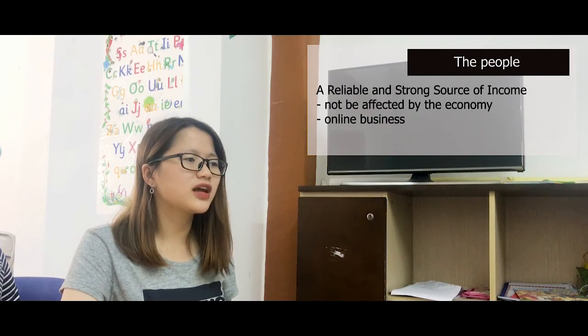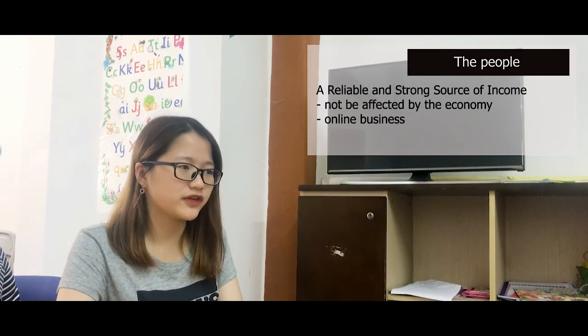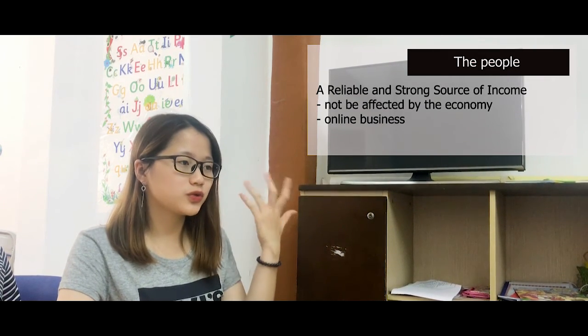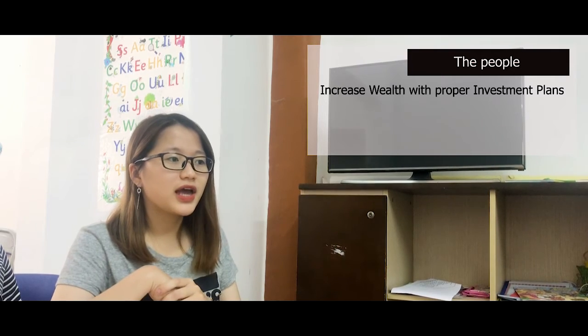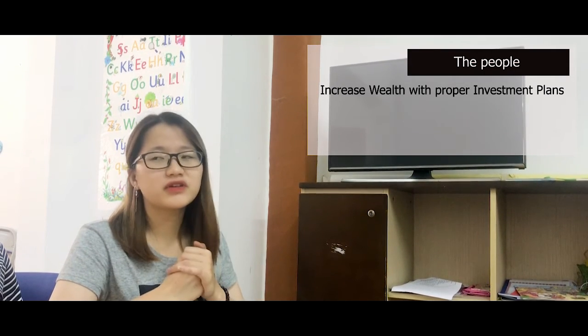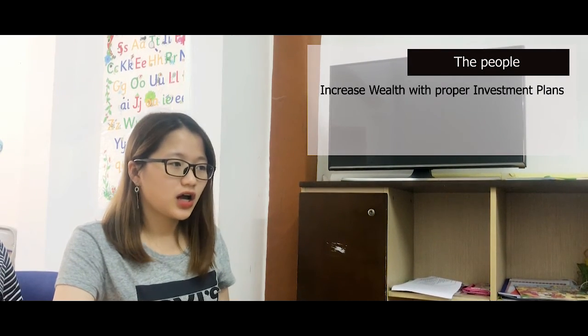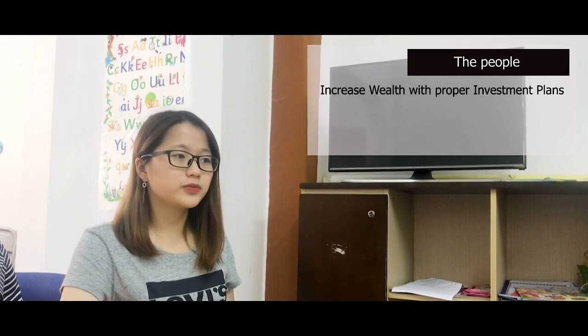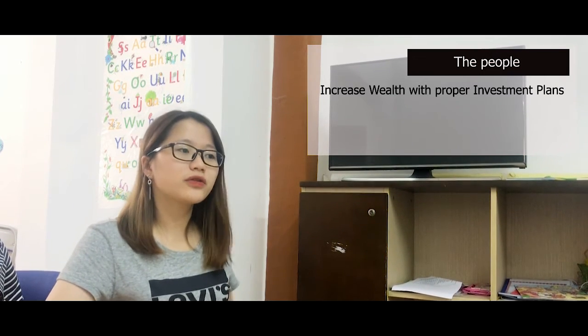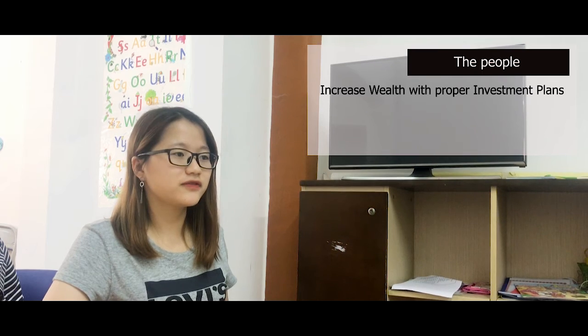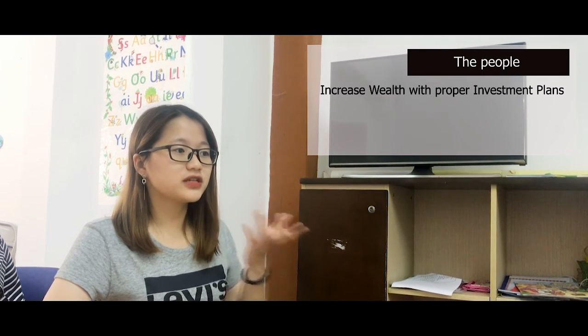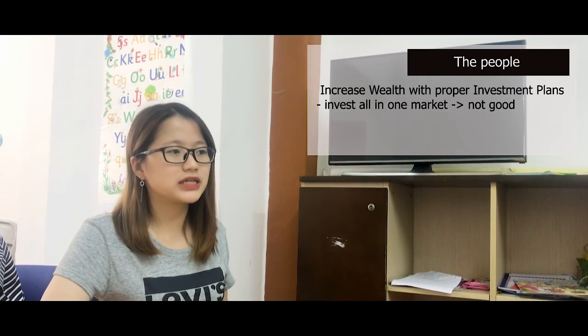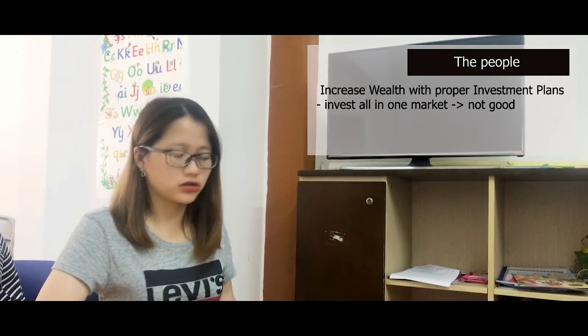The second one is that after you have a strong source of income, people should raise their wealth by following a proper investment plan. Invest your money to maintain your wealth and increase it to stay ahead of inflation. Investing all the money one makes into one market is not a good idea.